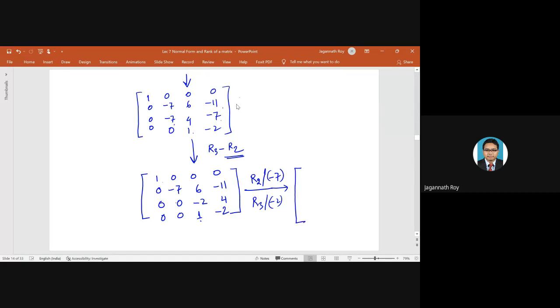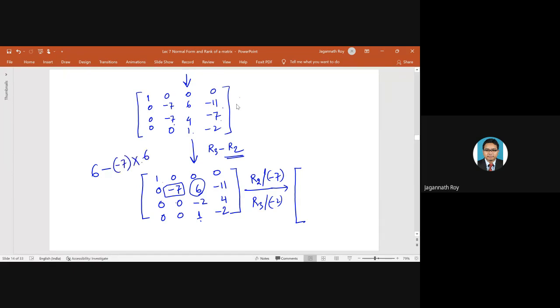Now after making this column 0, we can make them also 0 by choosing suitable multipliers. For example, if you want to make this 6 as 0, then 6 minus, the pivot element here is 7, so you have to choose -7 times.